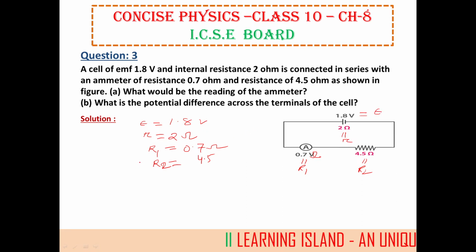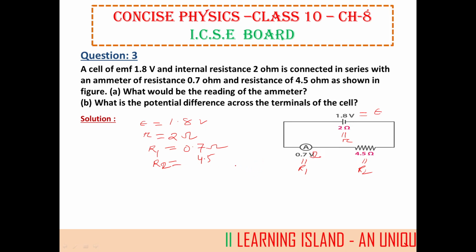So if I calculate the first question, part A, what would be the reading of the ammeter? In the ammeter we get the current flow, so we will have to find the amount of current. To get the current, we will have to find the total resistance of the system.